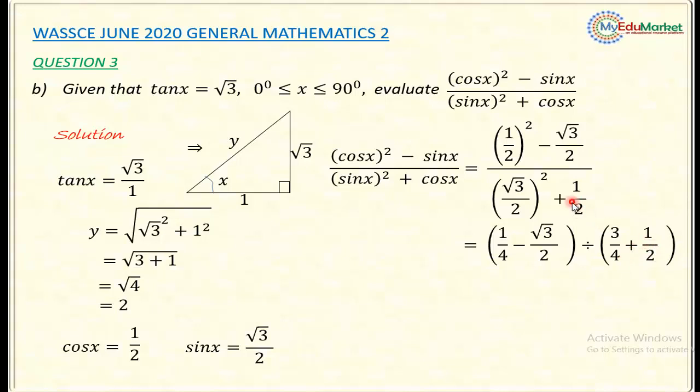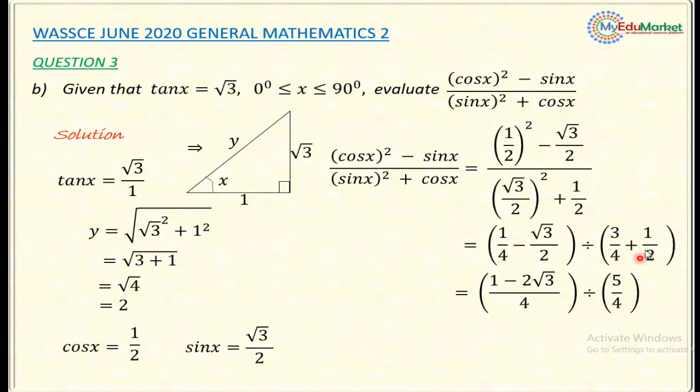Then plus this one. So let me tackle this: simplify this bracket, then this bracket. 1 over 4 minus root 3 over 2, the LCM is 4, so I have 1 minus 2 root 3 all over 4 for this division.